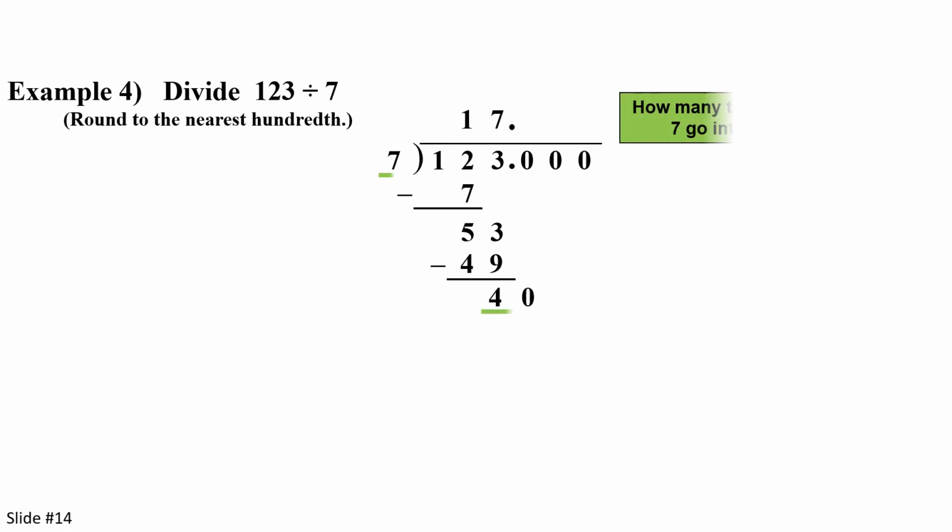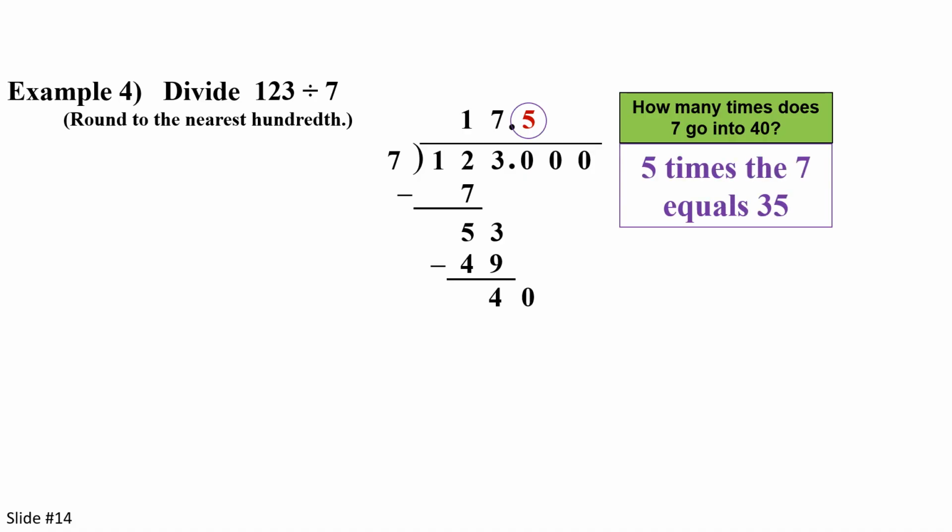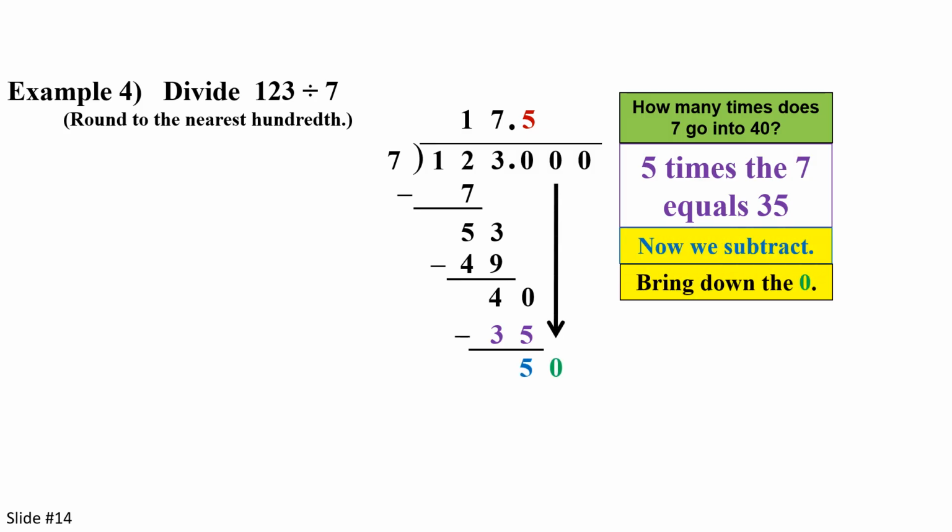So now 7 goes into 40 5 times. 5 times 7 gives us 35. We subtract. Bring down the next 0.